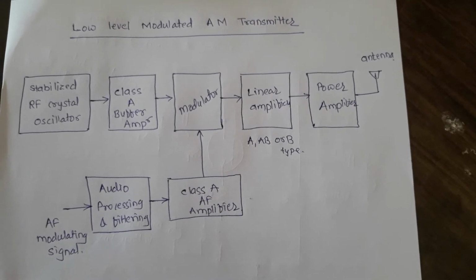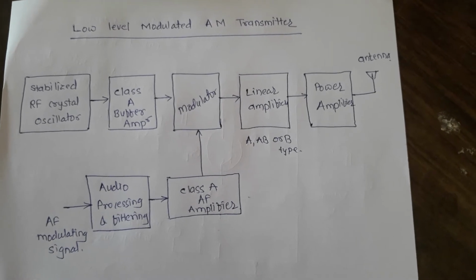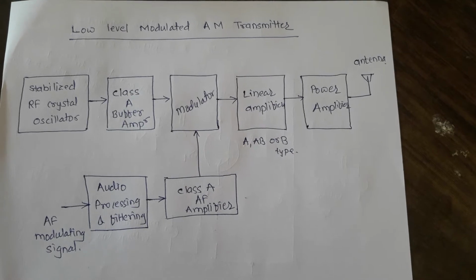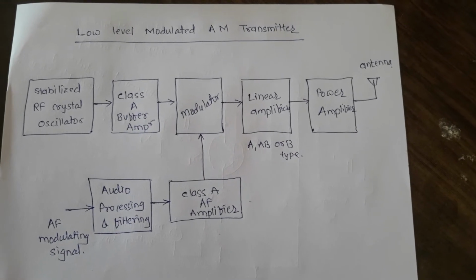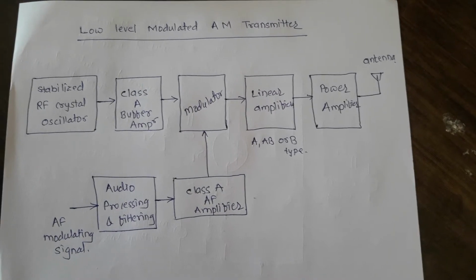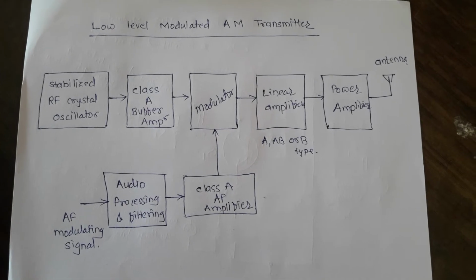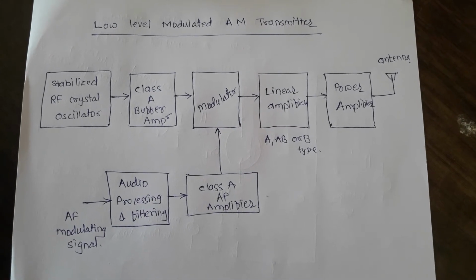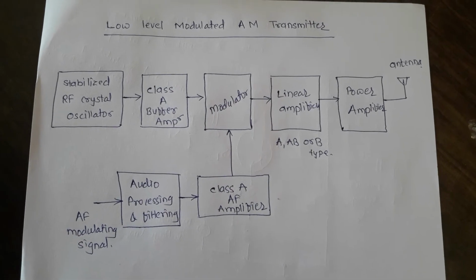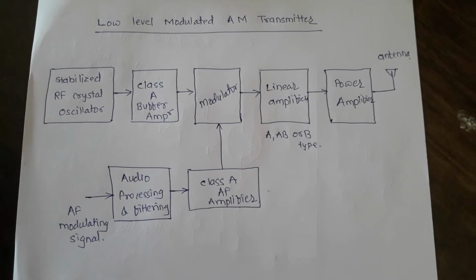After doing the modulation, we raise the voltage to higher power levels. So the power amplification process takes place after the modulation process, and a high power level signal is generated after modulating the signal. Modulation takes place first, and then we do the higher power amplification. This is called the low level modulation process.